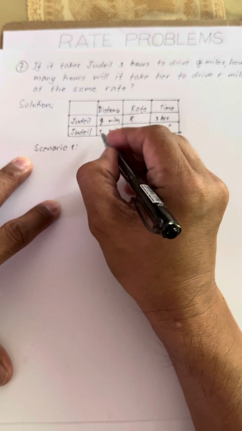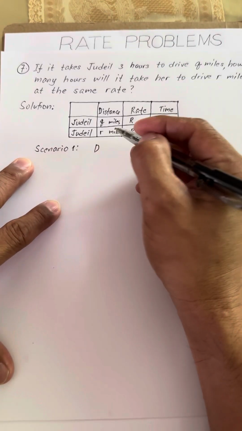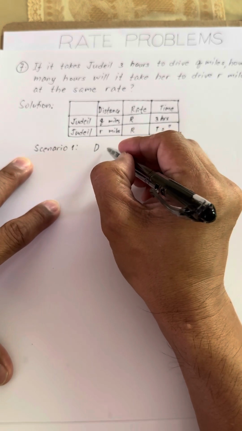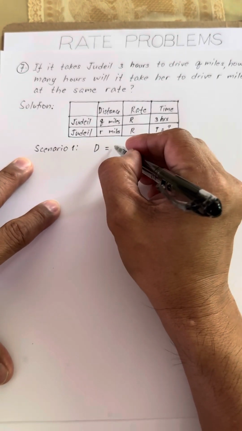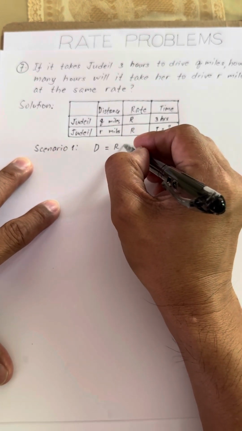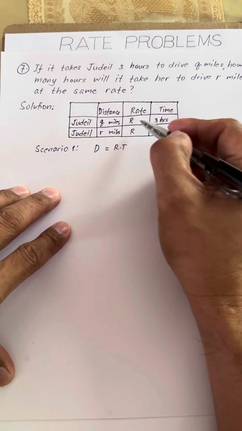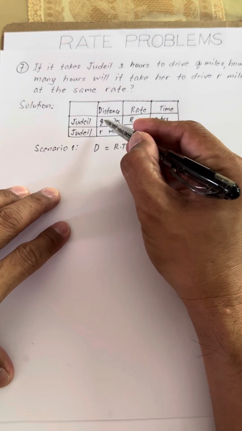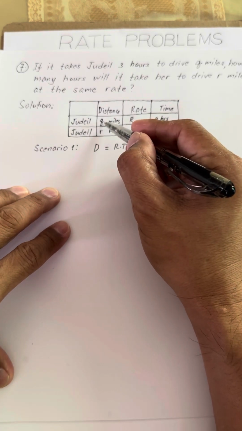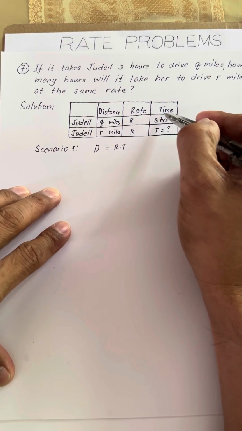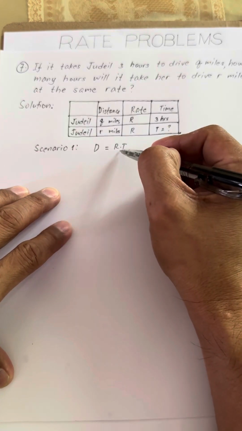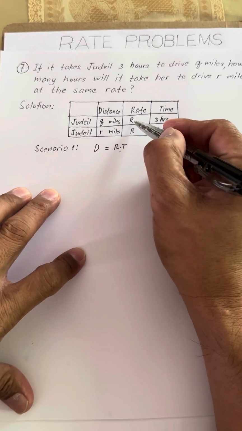So again, we can use the formula of distance. Distance traveled is equal to rate times time. Okay? Then since we need to solve for R, the distance is given, but in terms of Q, then we have the time, so we can solve for the rate.